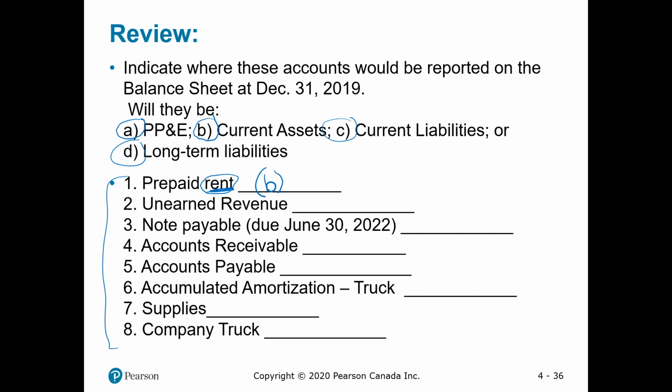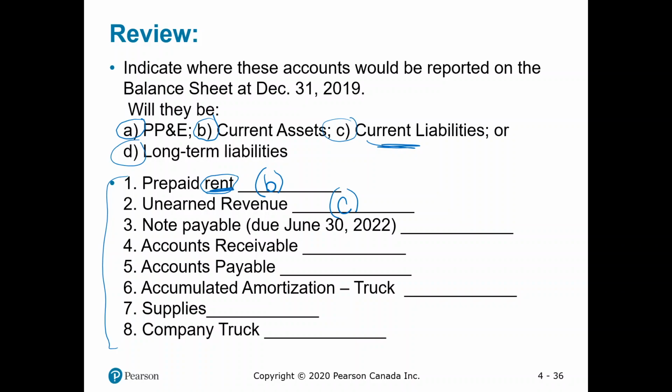Unearned revenue is C, a current liability. So you owe some customer either to provide them with some sort of services or provide them goods that they've paid you for. And they're not going to pay you more than a year in advance. So this would fall under current liabilities.